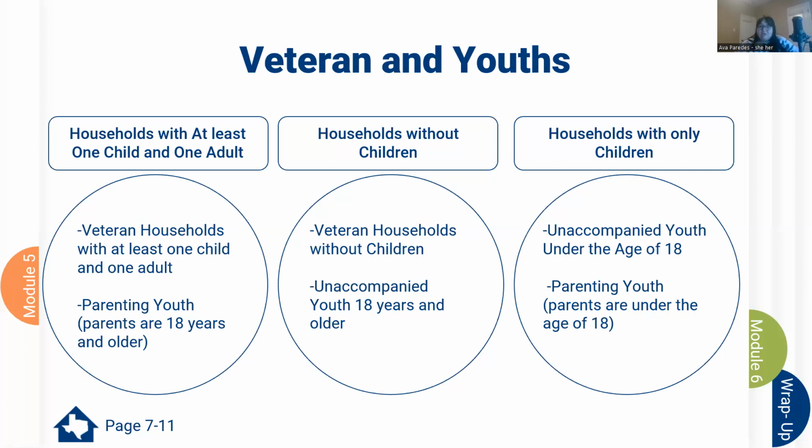Veteran households without children and unaccompanied youth age 18 and older will overlap with the households without children category. And finally, unaccompanied youth under the age of 18 and parenting youth where the parents are under the age of 18 will overlap with the households with only children category.